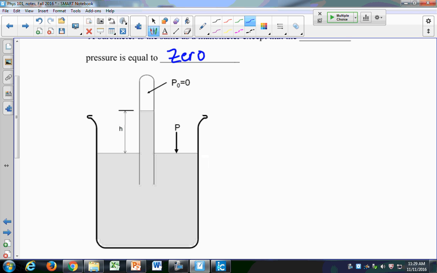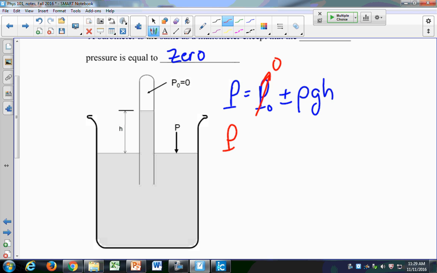So before, where we had P equals P naught plus or minus rho GH, this works exactly the same, except now P naught is 0, and so P will equal rho times G times H. So here, this is a vacuum. And just like the straw, when you're trying to drink your lemonade at Cane's or whatever, when you create a low pressure here, this pressure will force the liquid up into this tube.